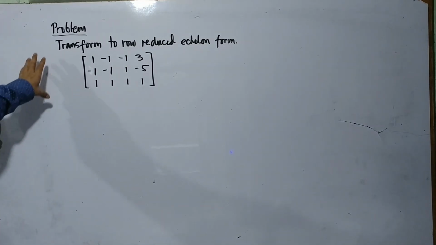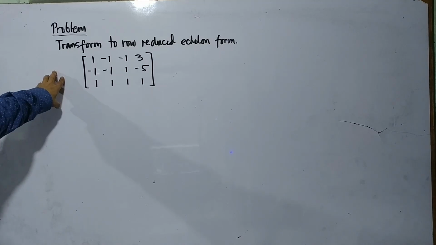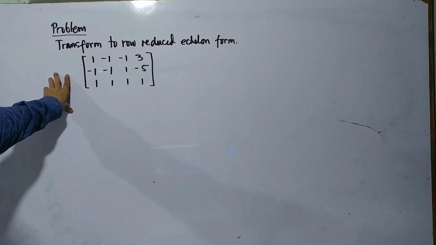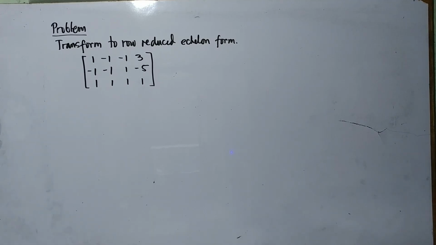So for our problem, transform to row reduced echelon form the matrix with entries 1, negative 1, negative 1, 3, negative 1, negative 1, positive 1, negative 5, and 1, 1, 1, 1.